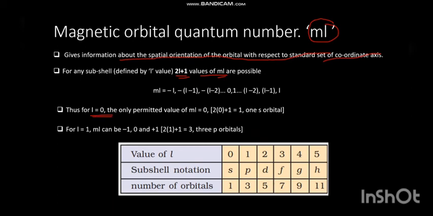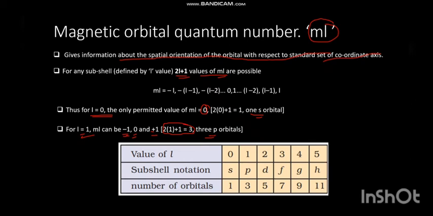For l equal to 0, the only permitted value of m subscript l is 0. So if we calculate using this formula 2l plus 1, we get 1. So we will have only one s orbital. For l equal to 1, we can have minus 1, 0, and positive 1 for m subscript l. So there will be 3 p orbitals. By using this formula, we get the answer as 3.